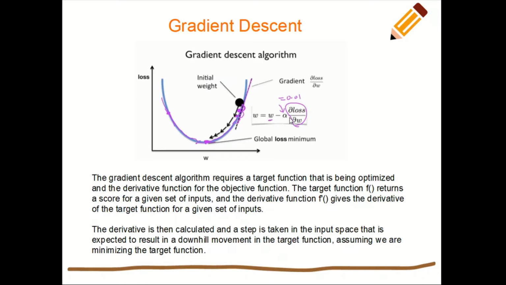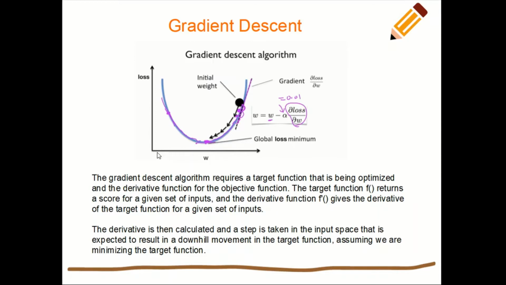So we are trying to update the weight: we take this gradient, multiply it by the learning rate, and subtract it from the previous weight, and then we get a new weight for a particular parameter, right?